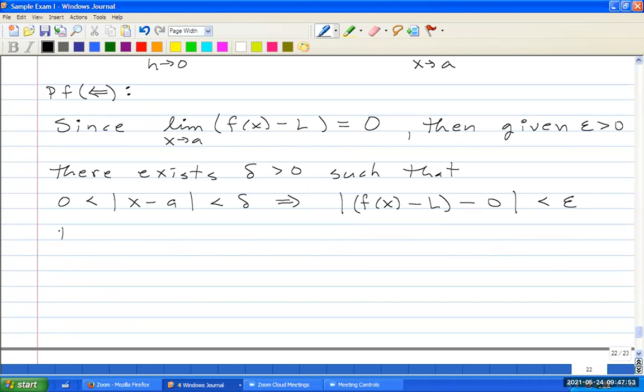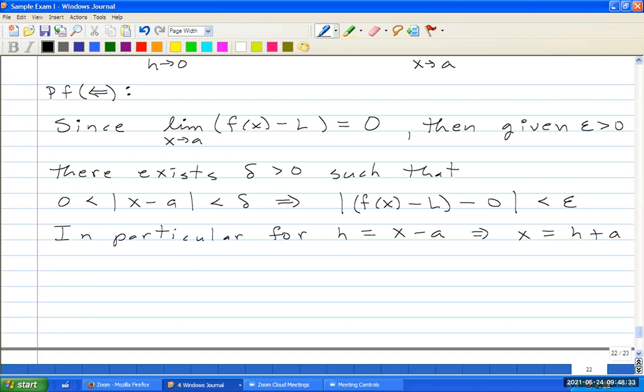So in particular, for h equaling x minus a. In other words, when x is equal to h plus a. Okay.